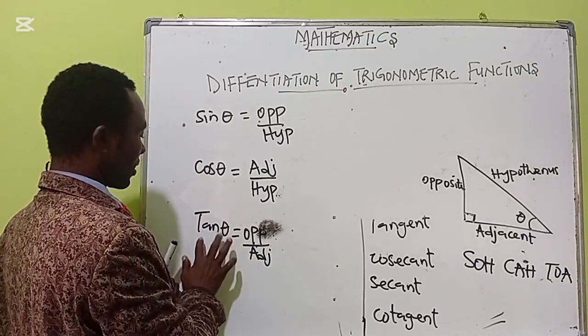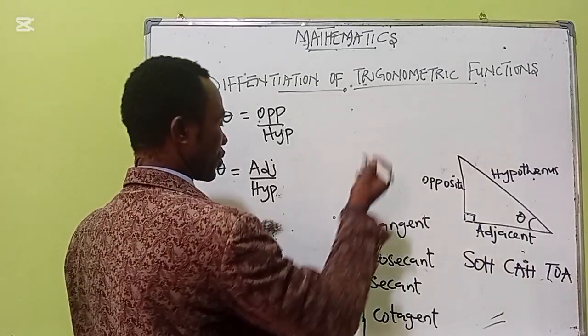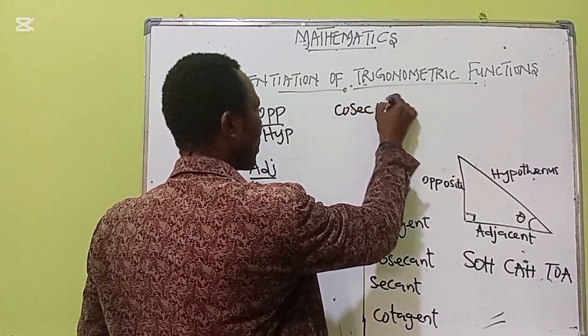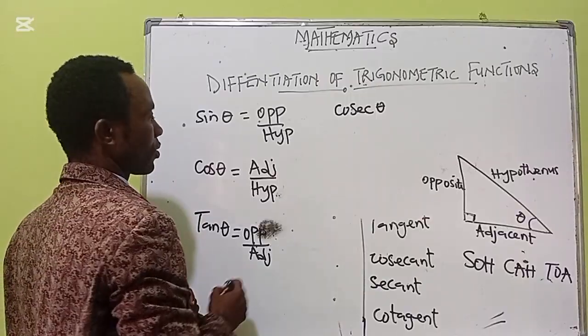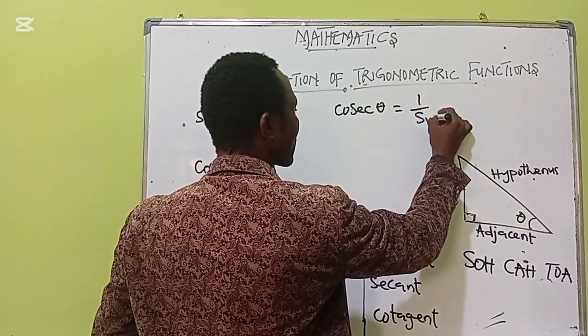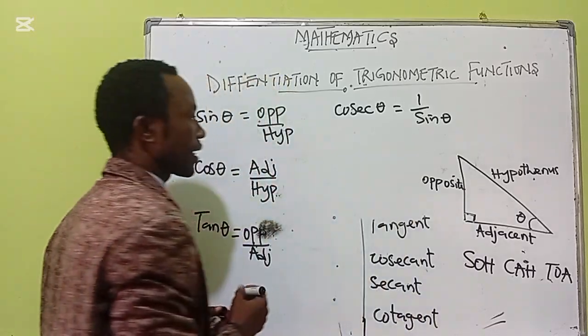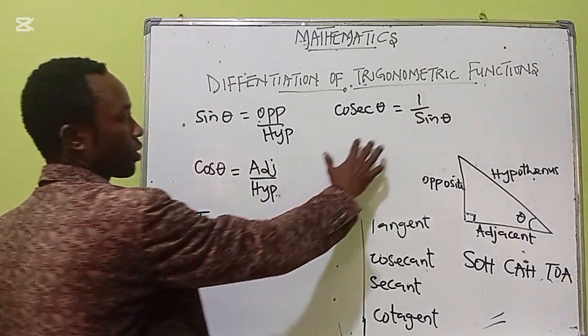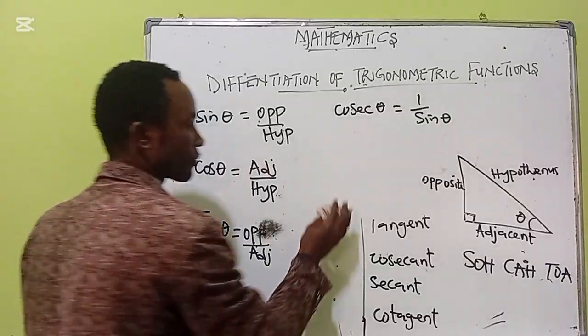After tan theta, the next thing I have is cosec theta. Cosec theta is equal to 1 over sin theta. That is how we get cosec theta. Anytime you're asked to find cosec theta, it's 1 over sin theta.